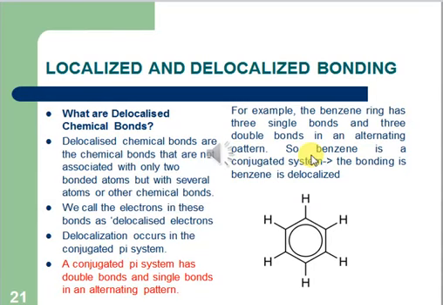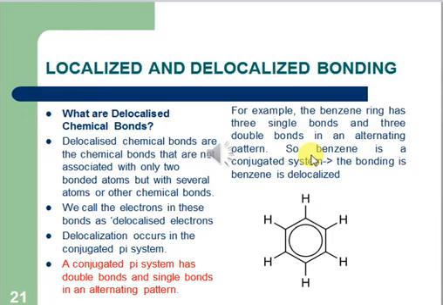A localized bond is a covalent bond in which the electrons remain fixed between two atoms. However, if you have a system in which the electrons don't remain fixed between two atoms but spread over more than two atoms, then such a system is known as delocalized, and the bonding is delocalized bonding. Always remember that delocalization always occurs in a conjugated pi system.